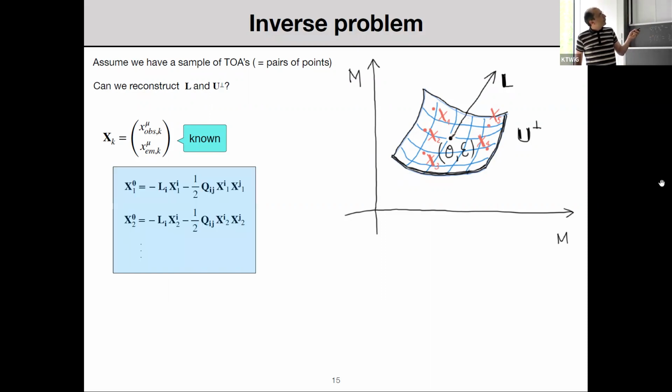But the idea is simply that if we have a number of pairs of points for which we know that they're connected by null geodesics, we can now treat L_i and Q_ij, the values of this form L and the extrinsic curvature, as the components of the normal vector and extrinsic curvature, and we solve for them by knowing a number of points which satisfy these conditions.